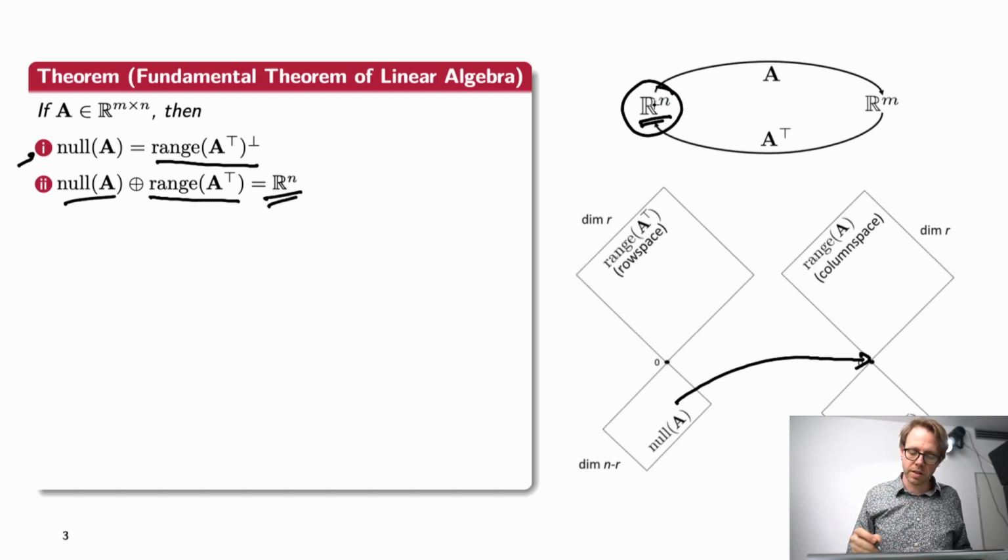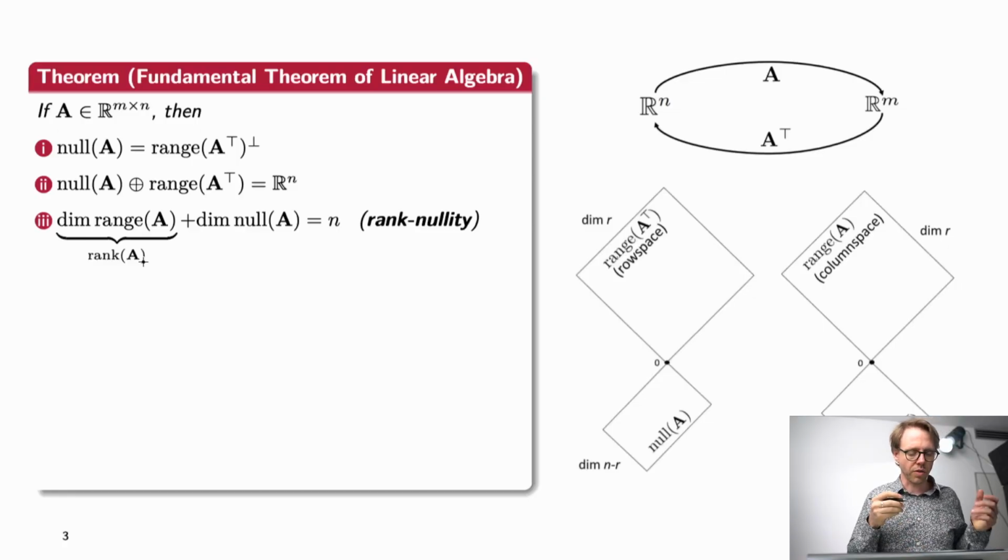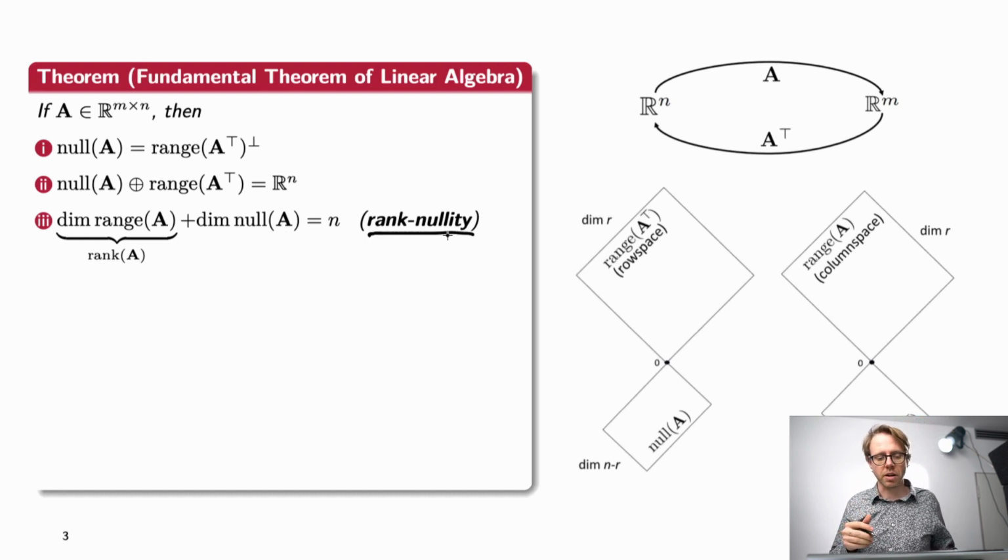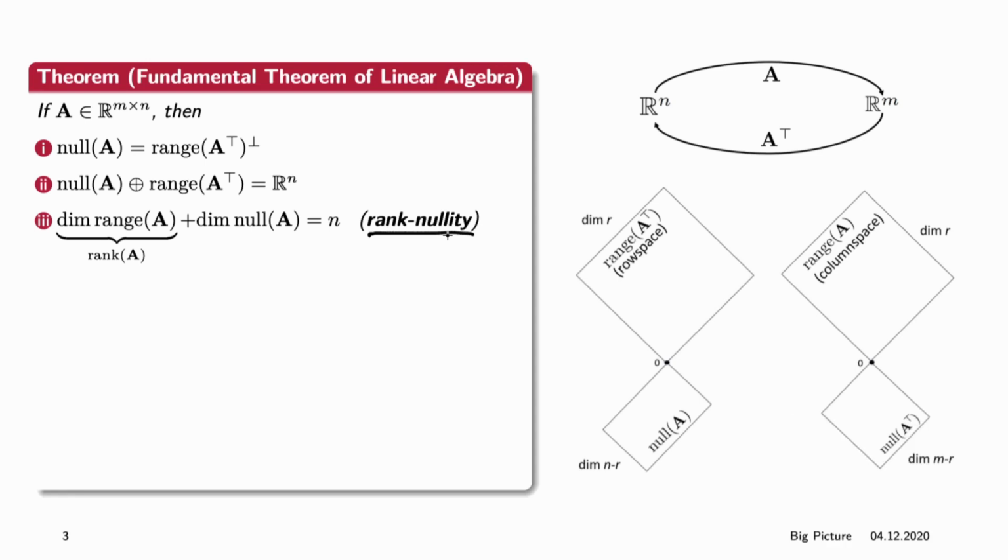So this is Rn. Third, the dimensionality of the range of A plus the dimensionality of the null space of A is n. This is also separately known as the rank nullity theorem. So what have we said?